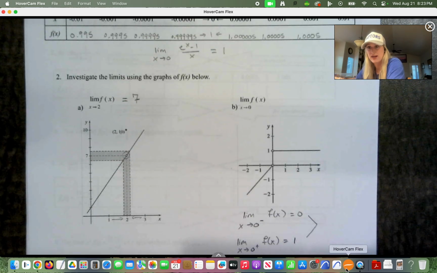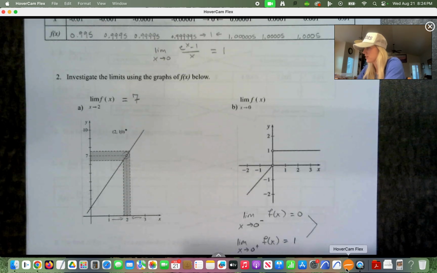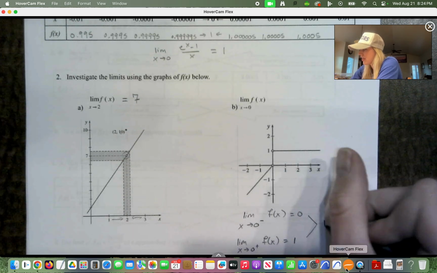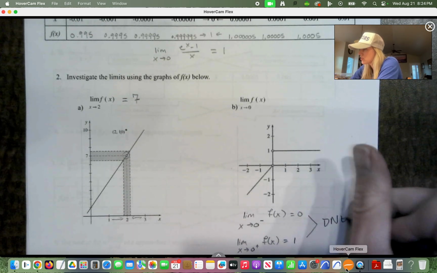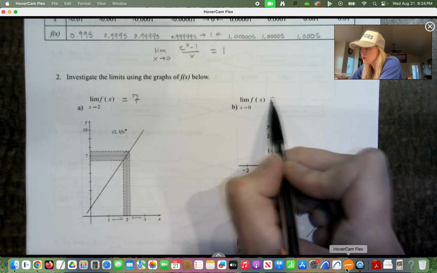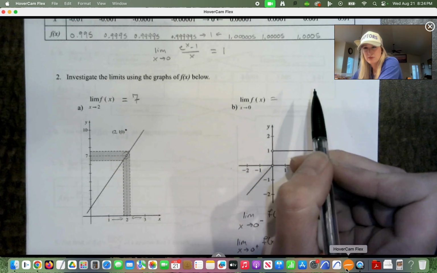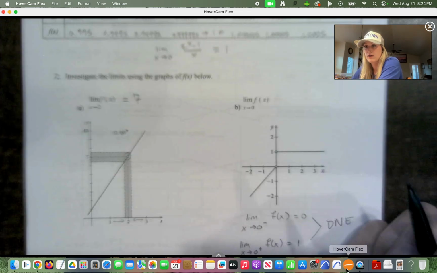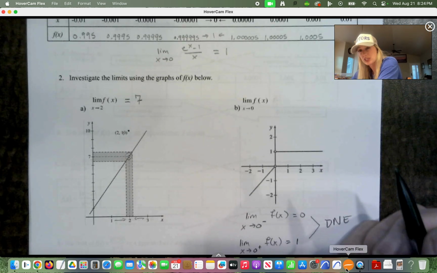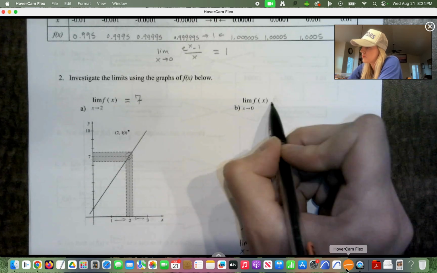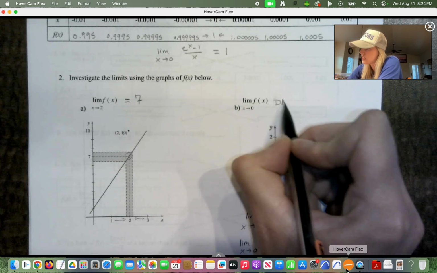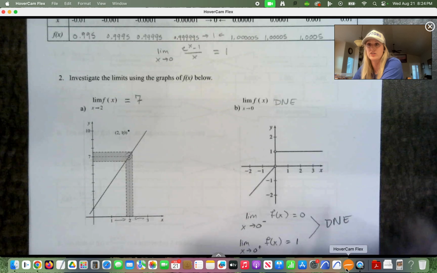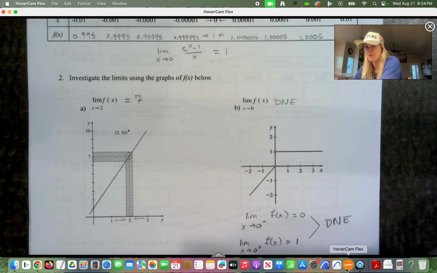If the left-hand and the right-hand limit aren't approaching the same y value, then we say the limit does not exist. Also, do not put equals does not exist because that doesn't make sense. Next to a limit, this is important on your AP exam. They're really picky about notation and things like that. So we do not want to put an equals here. We're just going to use DNE, and this is an acceptable abbreviation on the AP exam.